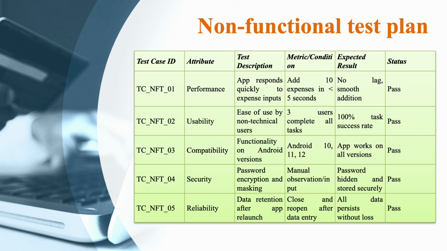And coming to the non-functional test plan: test case ID, attribute, test description, metric, condition, expected result, status. TC NFT01, performance: the app responds quickly to expense inputs, like adding 10 expenses in less than 5 seconds, with no lag, smooth, and it passes.